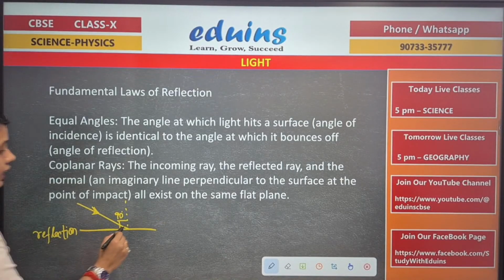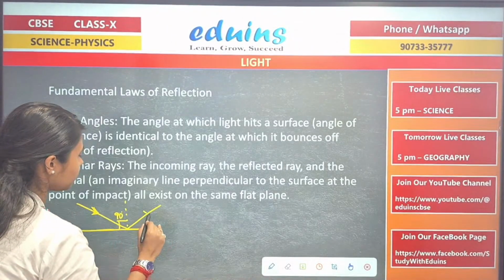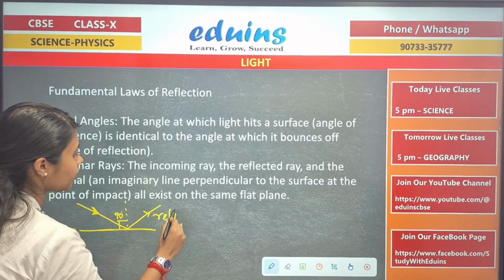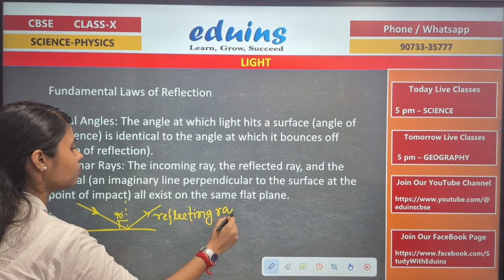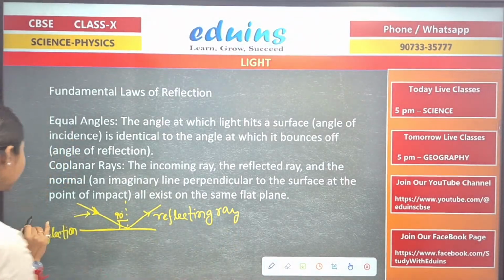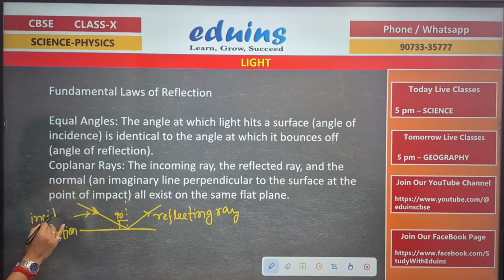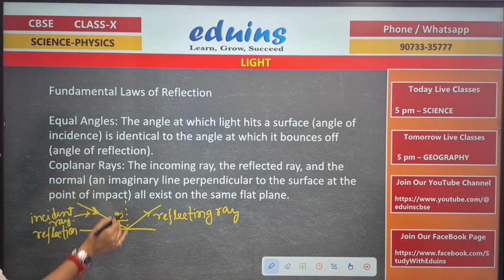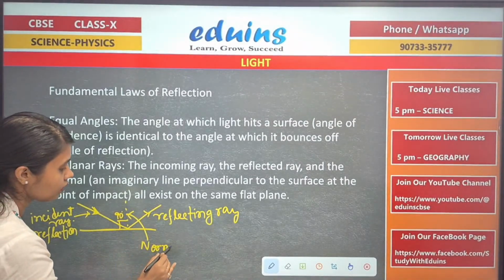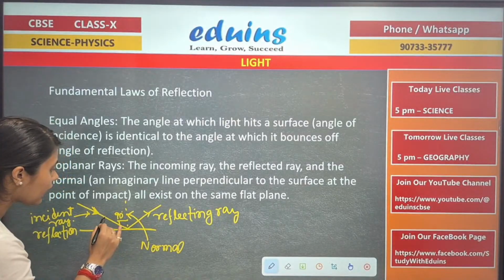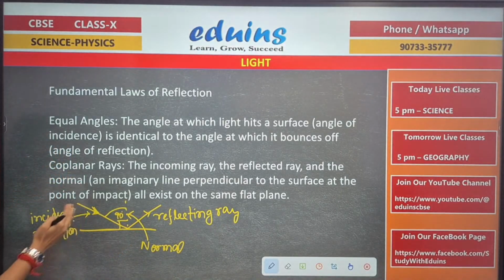Now this is the reflecting ray. This is the incident ray, and this is the normal. The angle between the normal and the incident ray is called the angle of incidence.